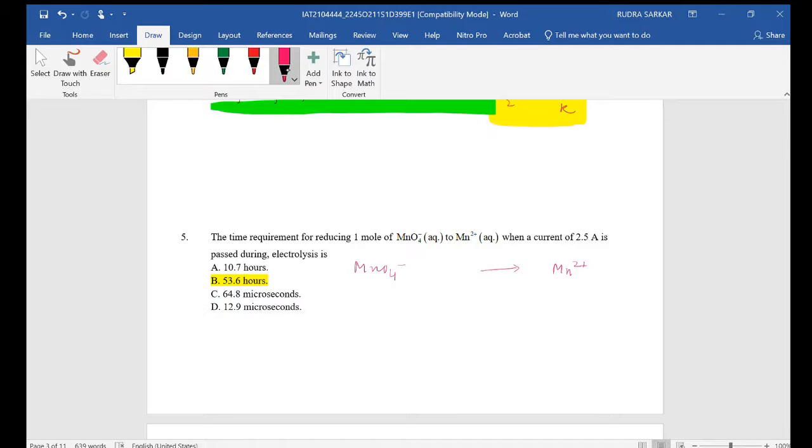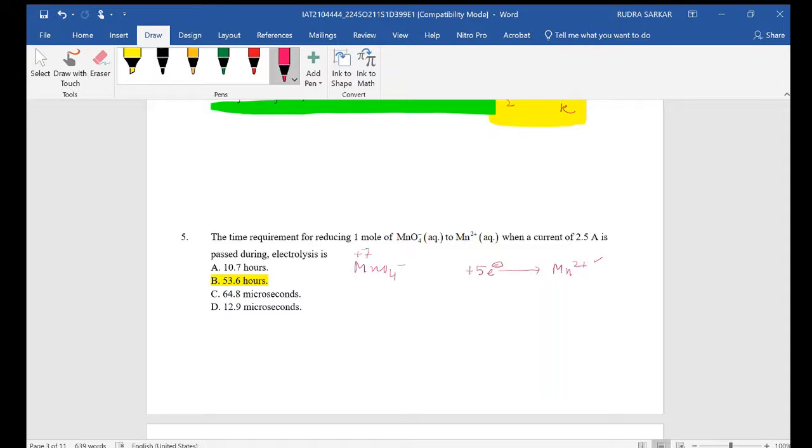As we know, this is in plus 7 oxidation state and that is in plus 2. So obviously there is a difference of 5 electrons. So basically Mn from plus 7 oxidation state is undergoing reduction to plus 2. So it will be accepting 5 electrons.